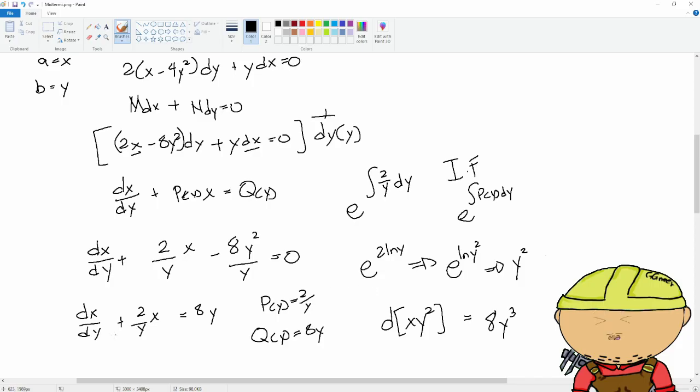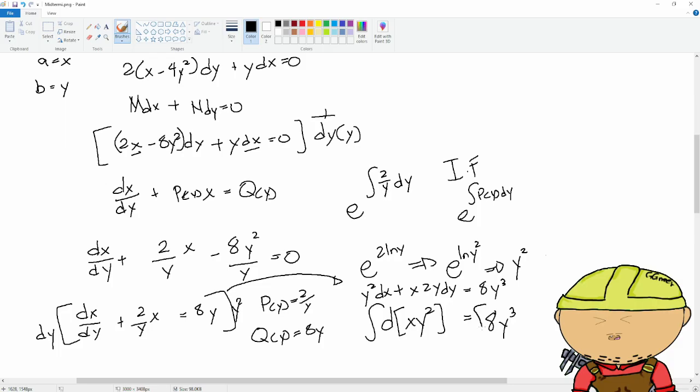If you multiply the equation by y squared, the left side will become y squared dx plus x 2y dy, and that is equal to 8y cubed. The left side will be a product of the product rule.